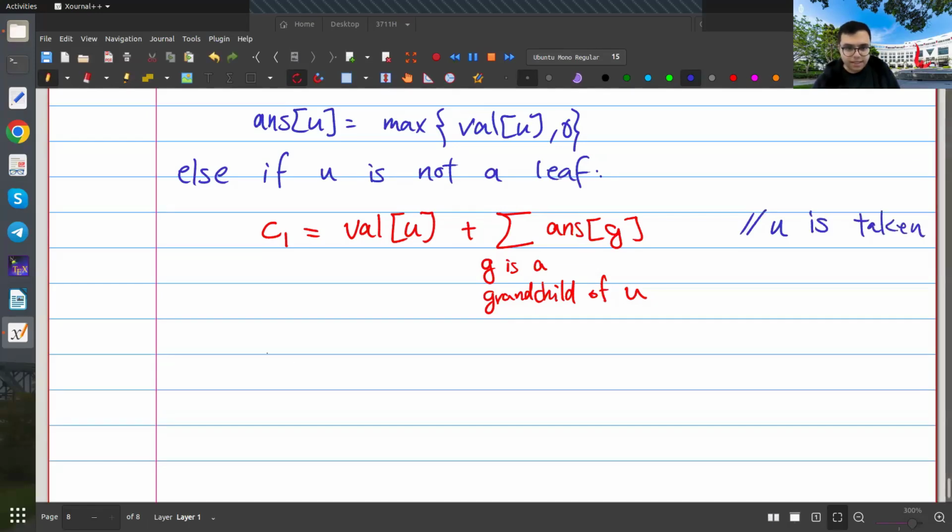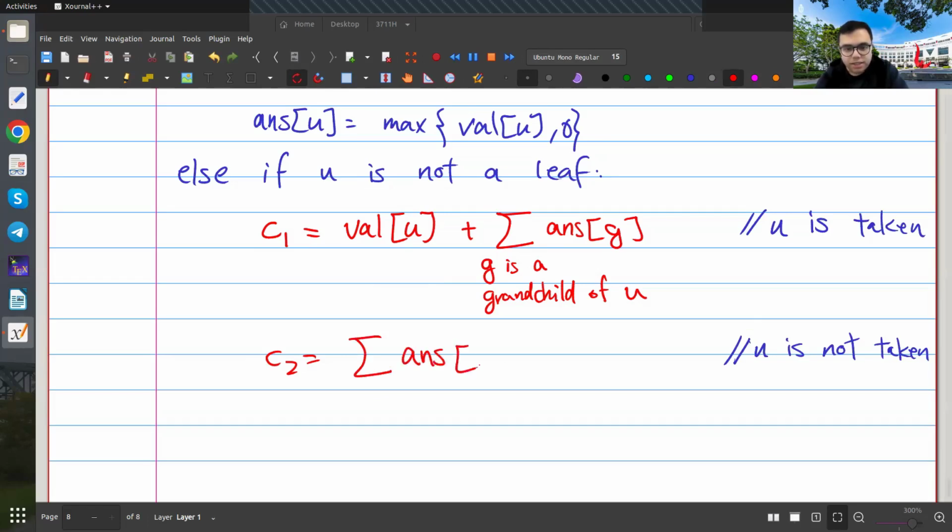And my second case, C2, is the case where u is not taken. In this case, because I don't take u, I don't have to add the value of u, but then I go over all of the children of u, and I sum the answers for them, where v is a child of u.